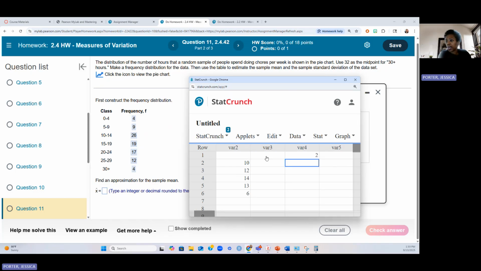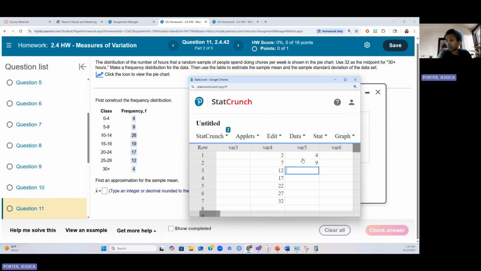So that's 2. And my class width is 5 because 0 to 5 is 5. So I can just then add 5 each time I go down my midpoints. So 2, 7, 12, 17, 22, 27. And then they told us the midpoint for 30 plus is going to be 32. So I'll put 32 there.